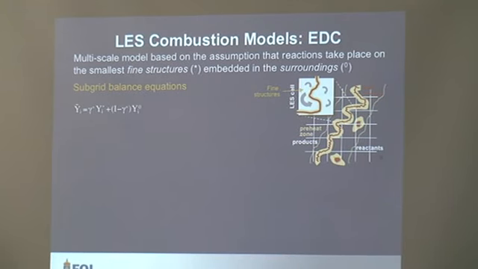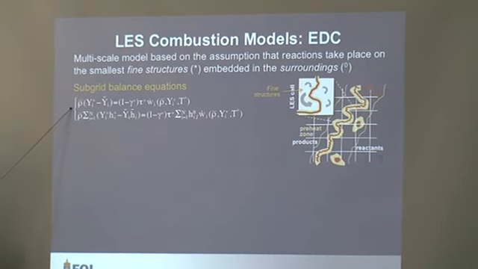What you then do is that the LES filtered mass fractions and temperatures are related to the corresponding values in the fine structures and surroundings using this ratio, the fine structure volume fraction essentially. So if you introduce that expression into the previous one, you're left with these sub-grid balance equations.